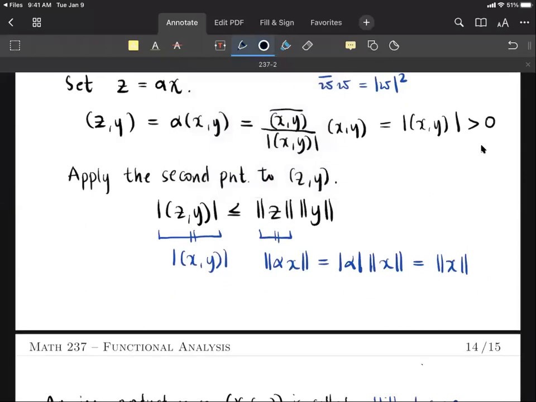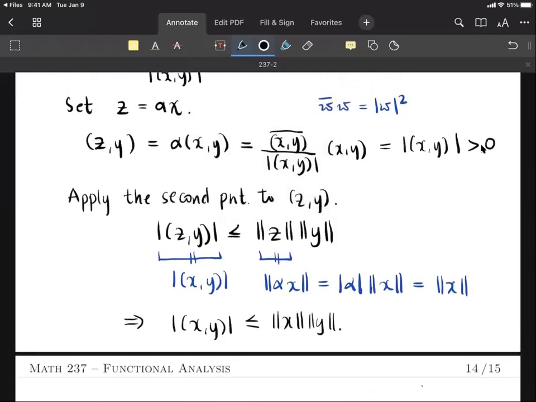So indeed, we have, in this case, that the absolute value of the inner product is less than or equal to the product of the norms. Okay.